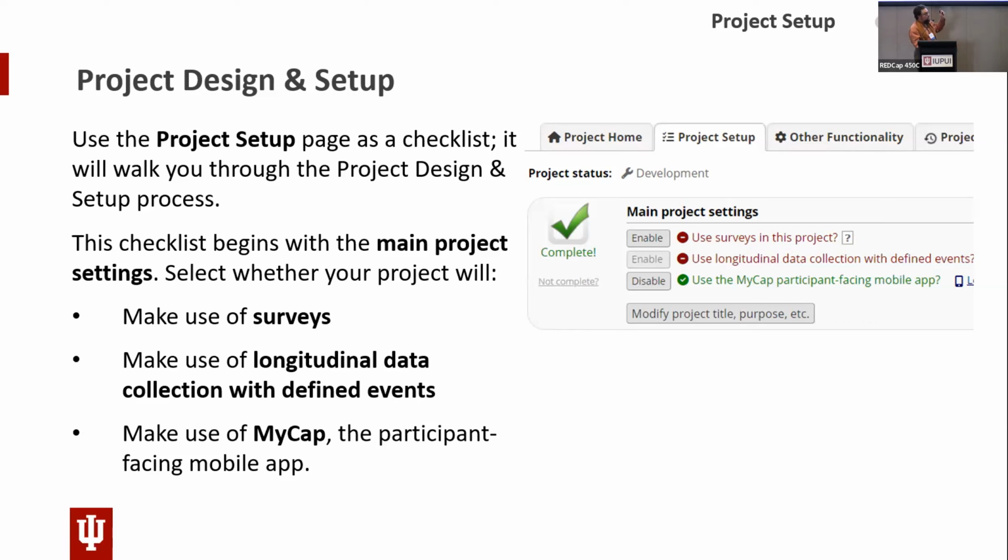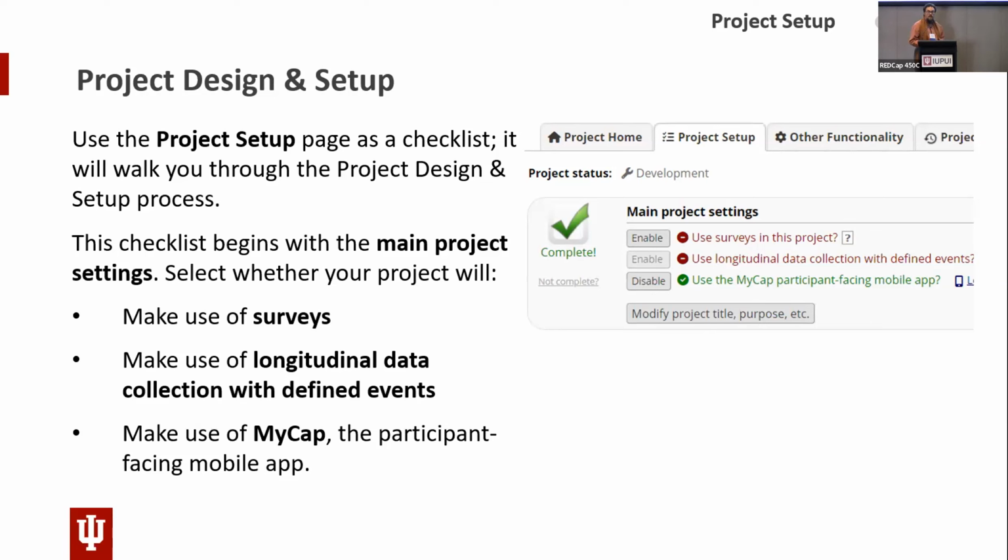So I've shown you one of the check boxes there where it's been checked complete. That's something you do for yourself, is you can go through and use the project setup page as a checklist. But always feel free to go back and reference that. And if you see that there's some issue or something missing in terms of your project design, you can go back and reference the different sections of the project setup page to see what you might be missing or what you might want to add.